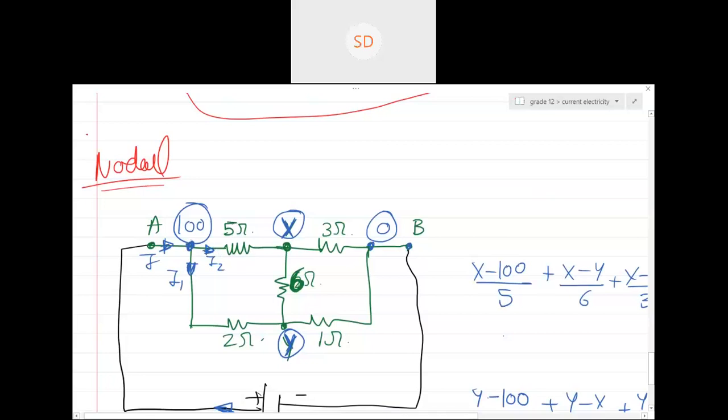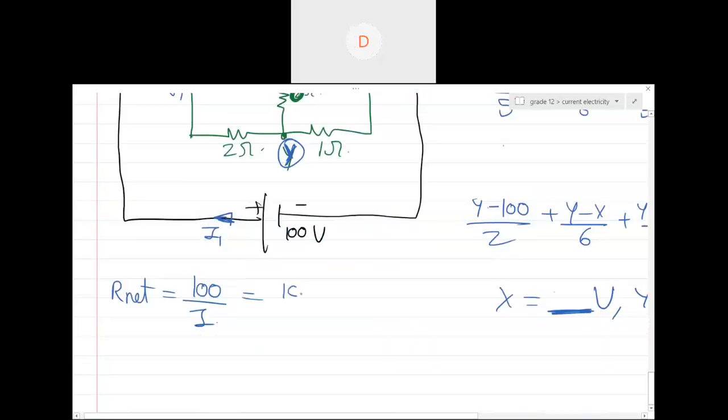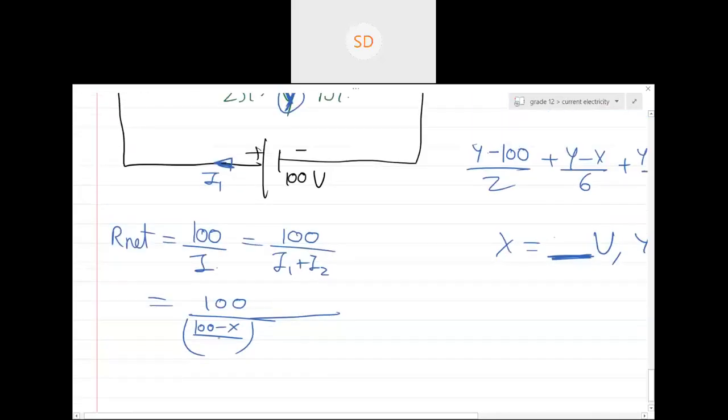And what is I1? (100 minus Y) by 2. Basically this is 100 upon I1 plus I2, and it can be written as 100 upon (100 minus X) upon 5 plus (100 minus Y) by 2.